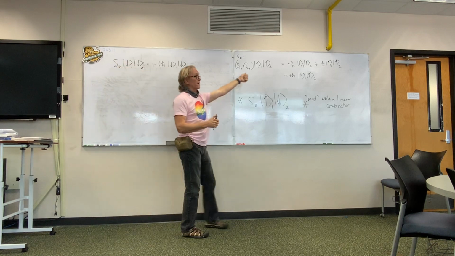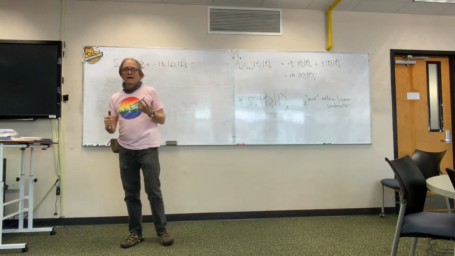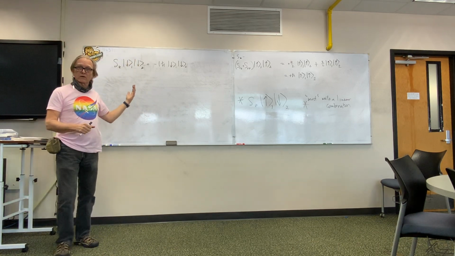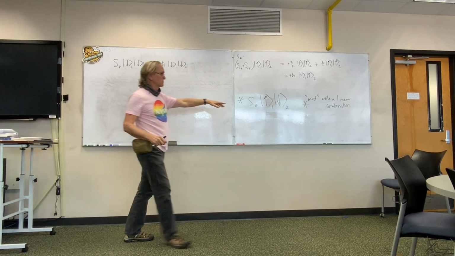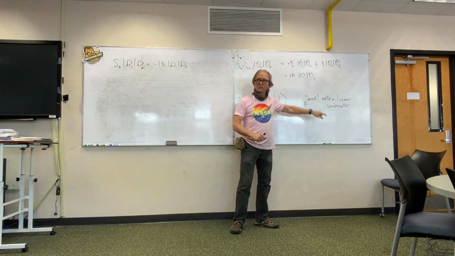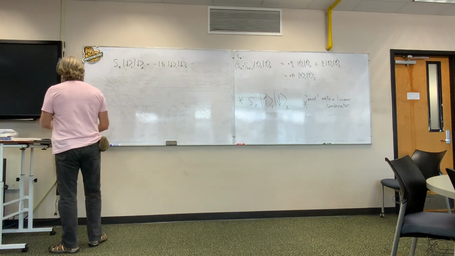Why is this one not a problem? Because they both have the same spin. I know that one particle is up and one particle is up. I know one particle is down and one particle is down. That's not telling me which is which. This does. So again, why must a physicist do one thing and not another thing?